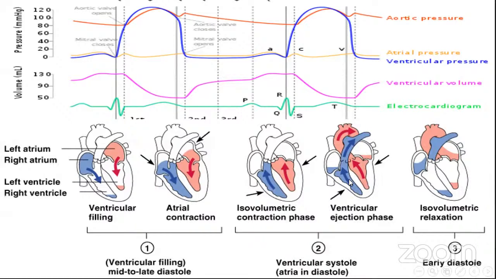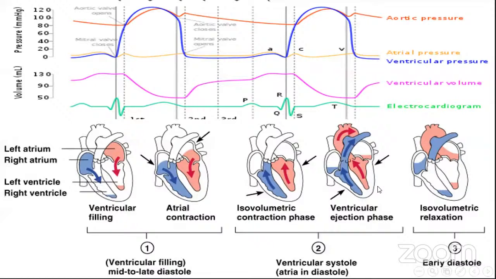Then the ventricle starts to contract and the ventricular pressure exceeds the aortic pressure, forcing the aortic valve to open. As the blood flows into the aorta, the aortic pressure rises along with the ventricular pressure.